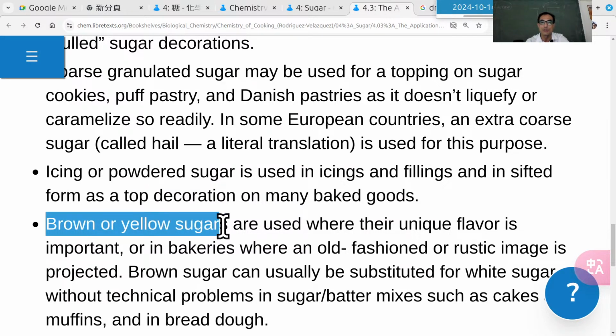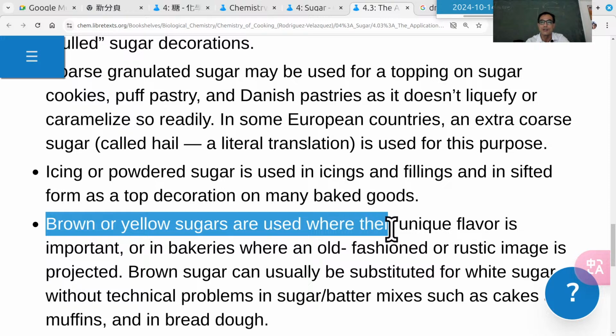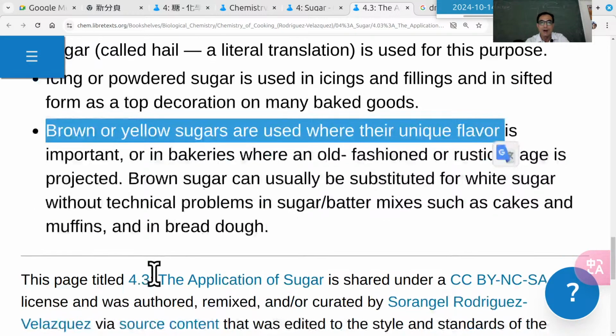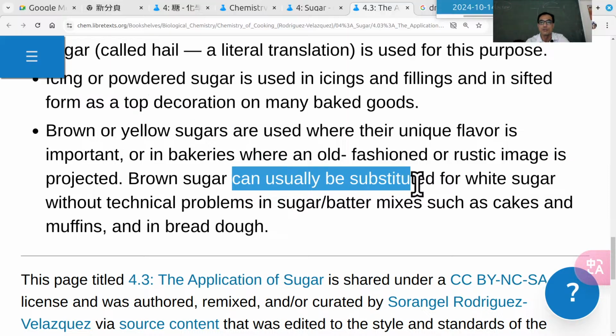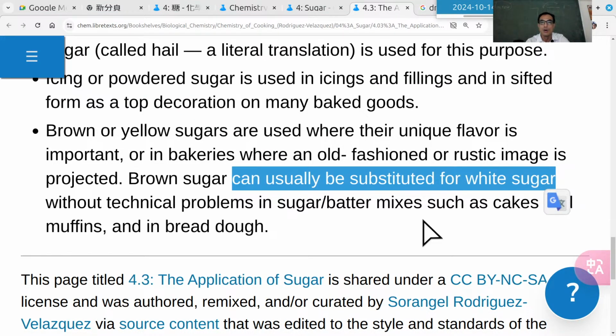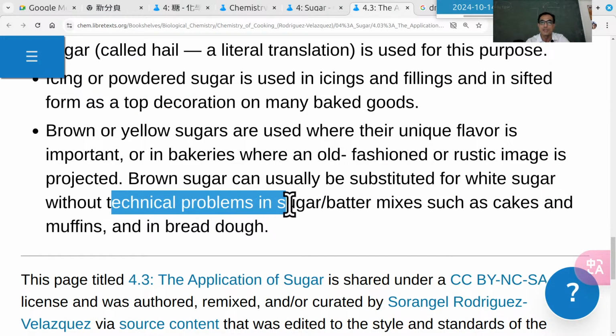Brown or yellow sugars are used where their unique flavor is important, or in bakeries where an old-fashioned rustic image is projected. And brown sugar can usually be substituted for the white sugar without technical problems in sugar-butter mixes, such as cakes and muffins, and in bread dough.